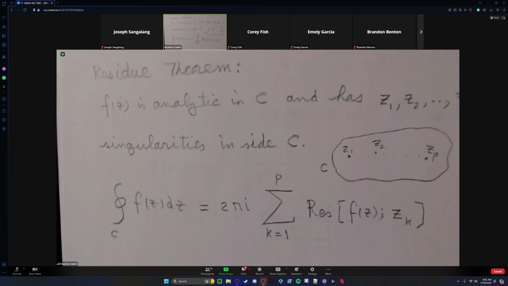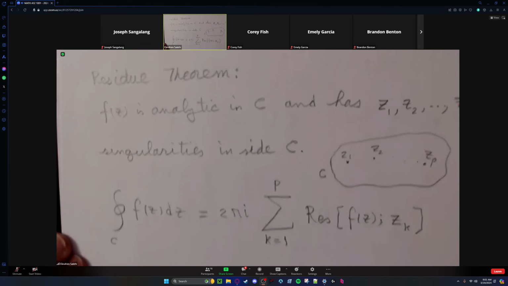All right. Any question about the residue theorem before I give you some examples? Here come the examples.